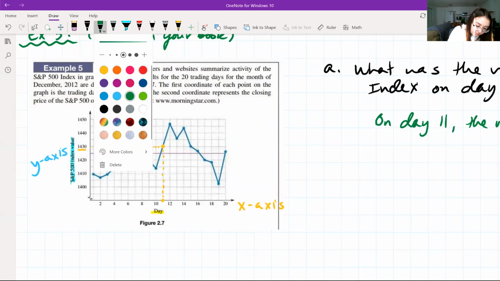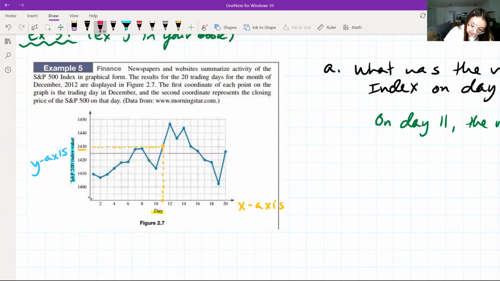And now we want to check for day 17. It looks like day 17 is going to be right here. And then we want to do the same thing. We track upwards until we touch our graph, right there.